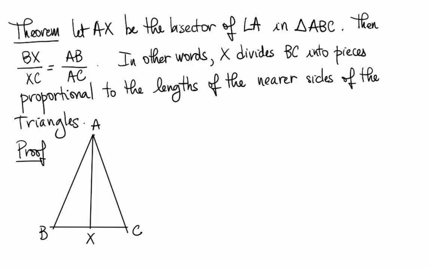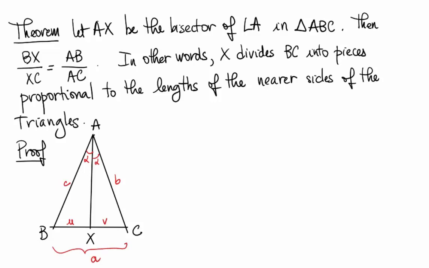So again, to be a little bit more explicit here, I'm going to introduce more notation. This angle here, let's call it alpha, and this must also be alpha because AX is a bisector. And I will say that u is the measurement of BX, and little v is the measurement of XC, the side opposite to vertex C, I'll call it little c, the side opposite to vertex B, little b, and this here is of course little a.